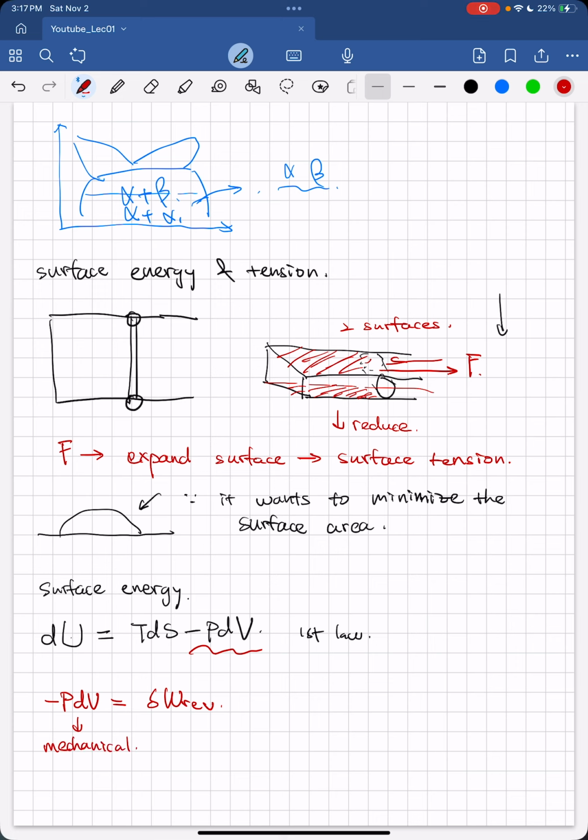And here we only focused on mechanical work before. But now we are going to include all different work. Work is work caused by some kind of different force, right?